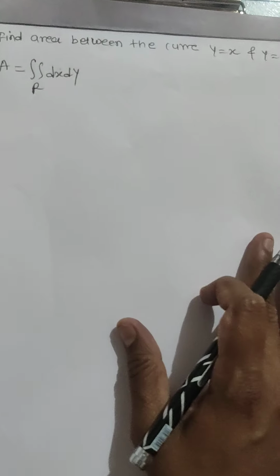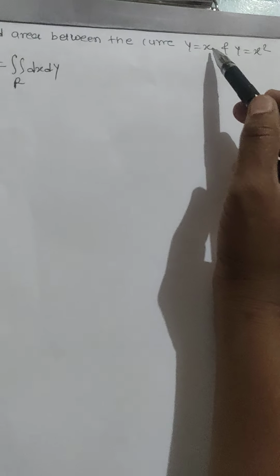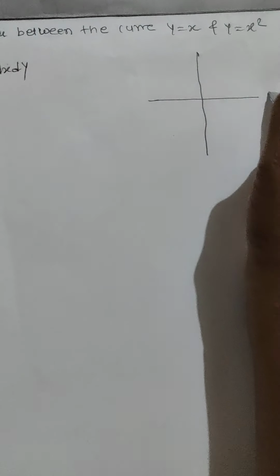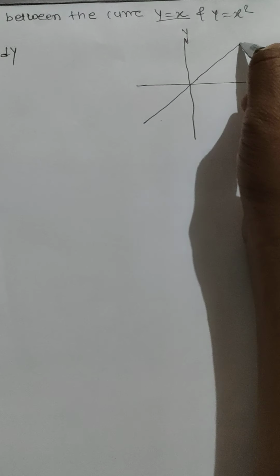First we have to trace the curves using these equations. The first equation is y equal to x, the second is y equal to x square. First we have to draw the curves. On the x and y axes, this is x, this is y. So y equal to x is the equation of a straight line, right?